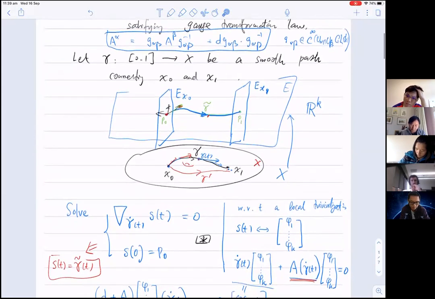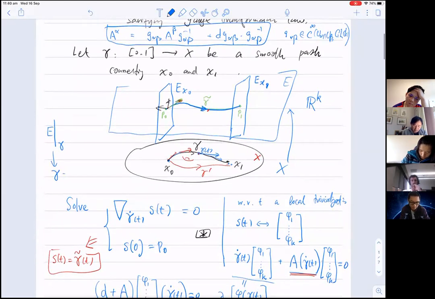Each point is taking value in the bundle. You can think of E restricted to this gamma, so it's a bundle over gamma, parameterized by t again. So this is a map from [0,1] to X.